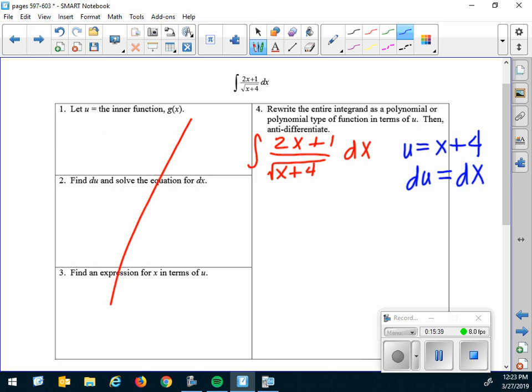All right. I don't need to stick anything else in there because du is just equal to dx. However, I got this whole numerator. Solve that for x. Yeah. X equals u minus 4.